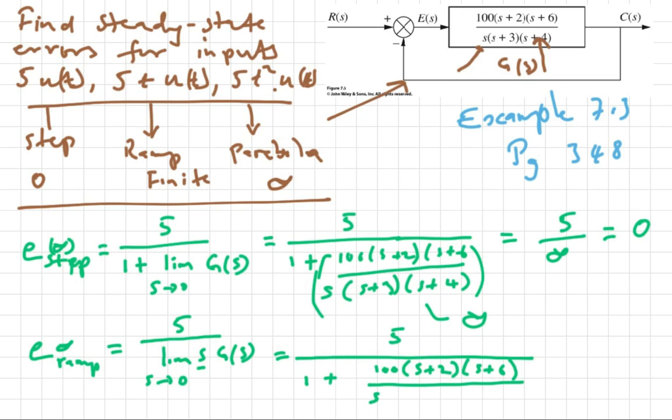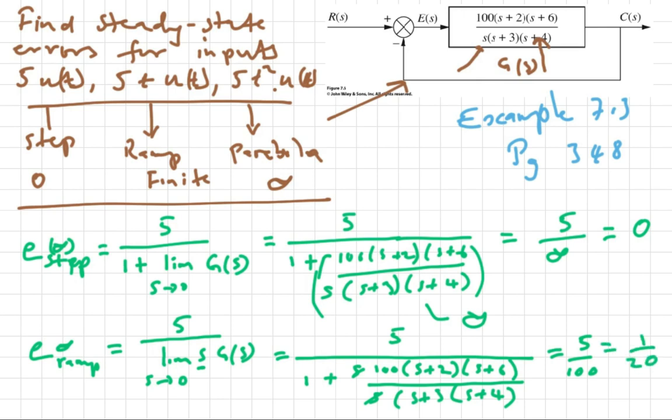Now remember we have this s here, so this will cancel out, and if you substitute the 0 here, this will give you 5 over 100, which is 1 over 20.